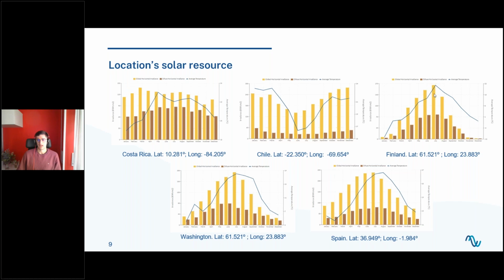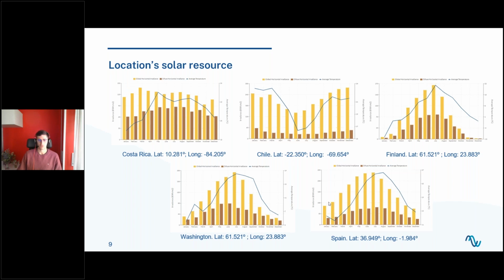And then for Finland, we see that also the presence of diffuse irradiance is noticeable, but also the temperatures are lower, which looks like a more polar climate. And finally, for Washington and Spain, the presence of diffuse irradiance is something to consider, but not that much as in Costa Rica. And both climates look a bit similar.